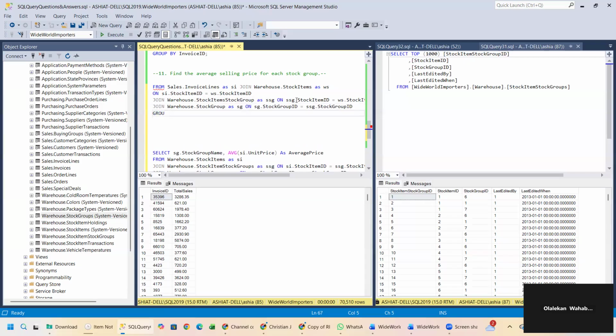Group by. Before I call the group by, let me select SSG dot... no, SG.stock group name.